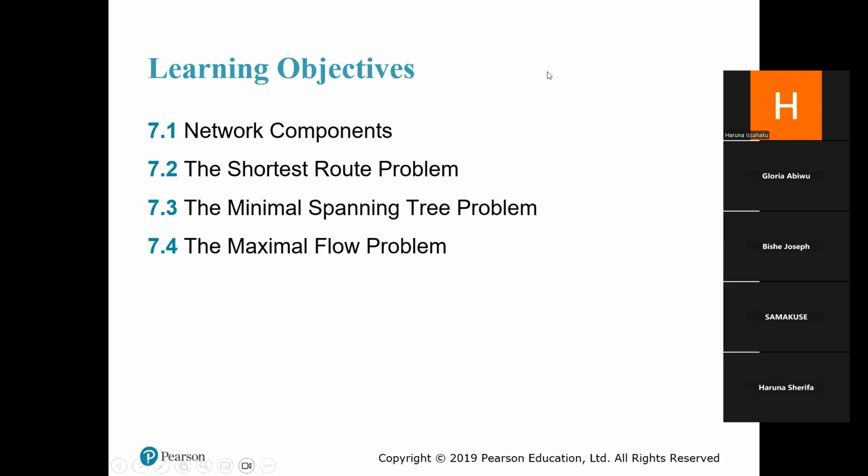Then the last part is the maximal flow problem. Now, in the maximal flow problem, you are looking at the flow of material from one point to the other, so that you want to find out what is the maximum that the flow can contain.